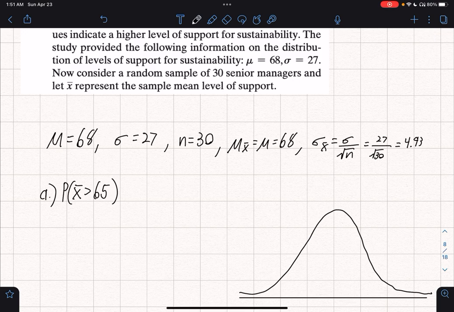Okay, so probability x bar is bigger than 65. We're going to do our z transformation, so probability that z is bigger than 65 minus our average, 68, divided by our standard deviation of 4.93.